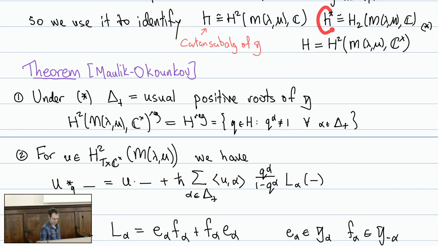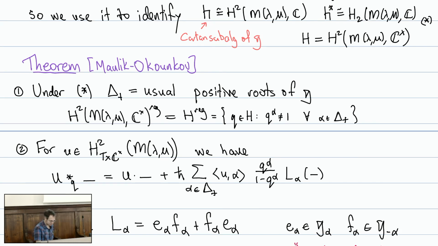So that's good, it makes sense, and delta plus is supposed to live in here with coefficients in Z, so it makes sense to identify them. Under this identification, delta plus becomes the usual positive roots of G. That means the regular part of the Kähler torus becomes just the usual regular part of the torus, the set of all elements in the torus where none of the positive roots take value 1.